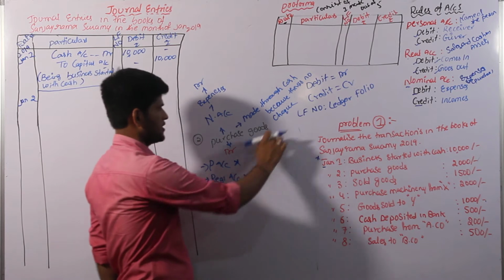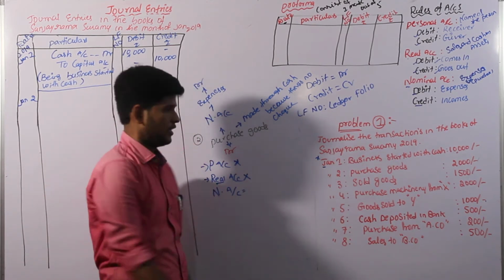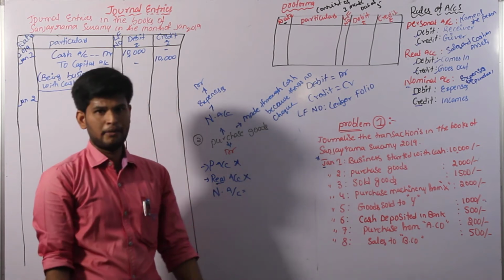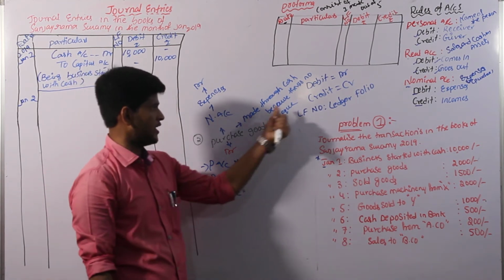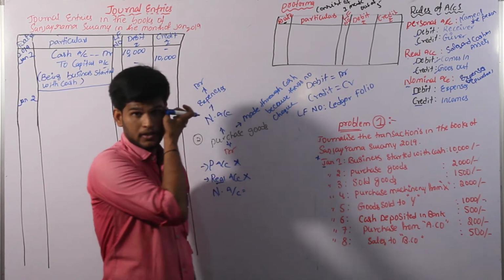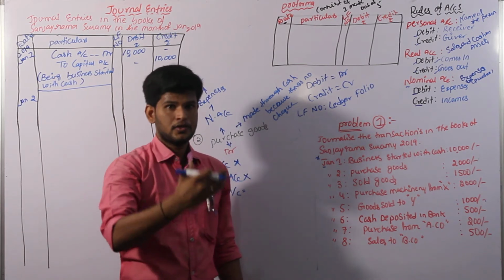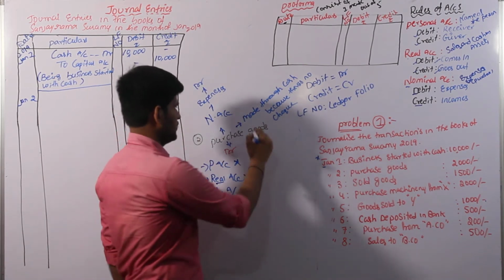If the transaction has any cheque payment, we identify it as a cheque payment transaction. Here we don't have any cheque or any payment through a bank, so it is called a payment made in cash only. So we are purchasing goods by paying cash. The cash goes out.